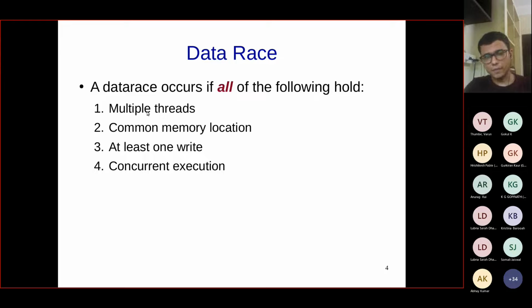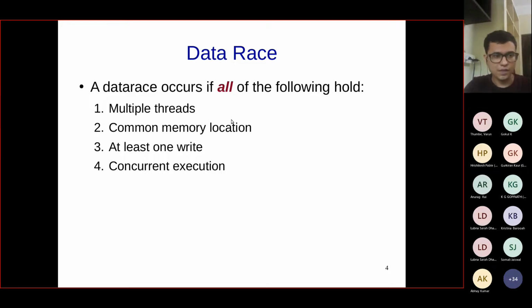First of all, there should be multiple threads for the data race to occur. If there is just a single thread execution, then there can't be a data race. I hope that is clear. Then these multiple threads should be updating some common memory location.